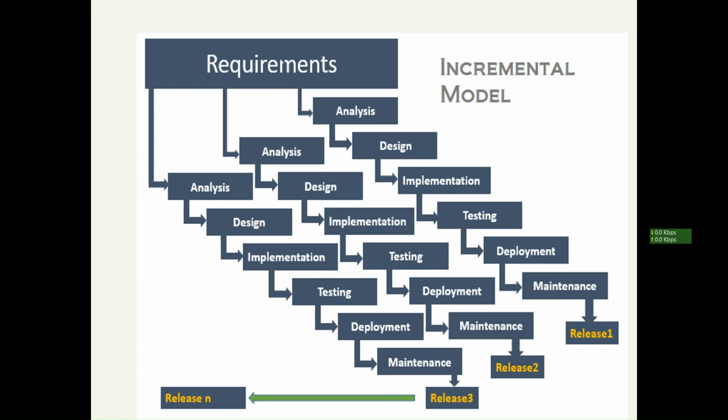For example, first you release login: you do coding, testing, and deploy it for the login page. And in the next phase, you add the search page. So you do analysis for search, design for search, implementation for search, testing for search, deployment for search. Then you add login and search, integrate it, test it and release it.